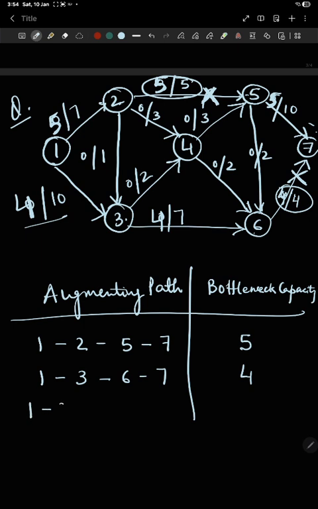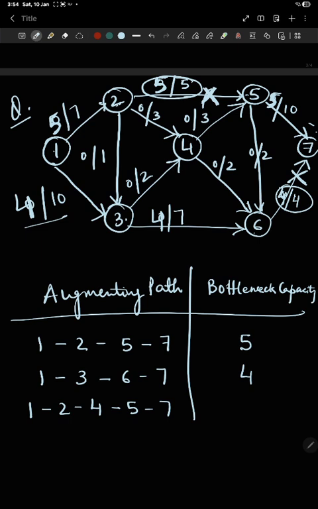Okay, now we'll see another path. Now we'll take 1, 2, 4, 5 and 7. You can take any other path also, like 1, 3, 4, 5, 6, but it would get long. We'll check this one first. Now what is the minimum here?